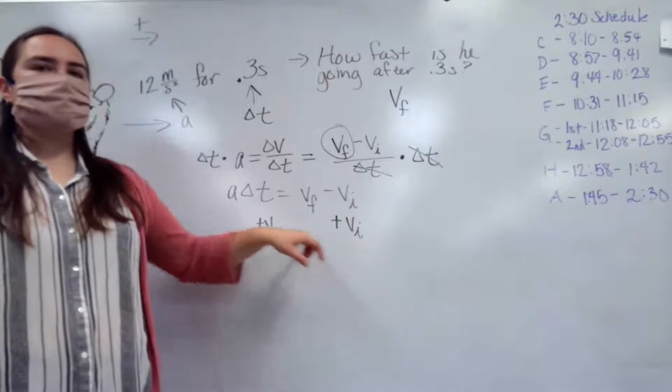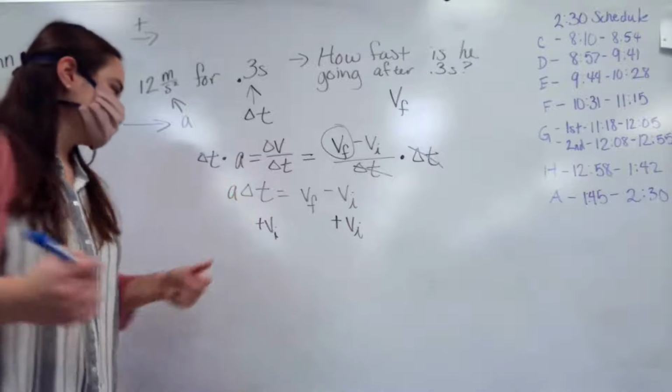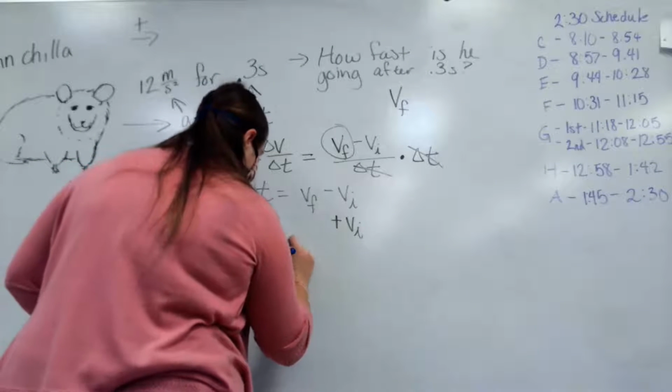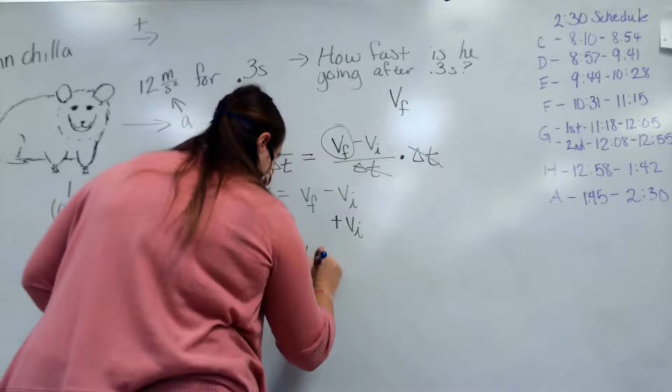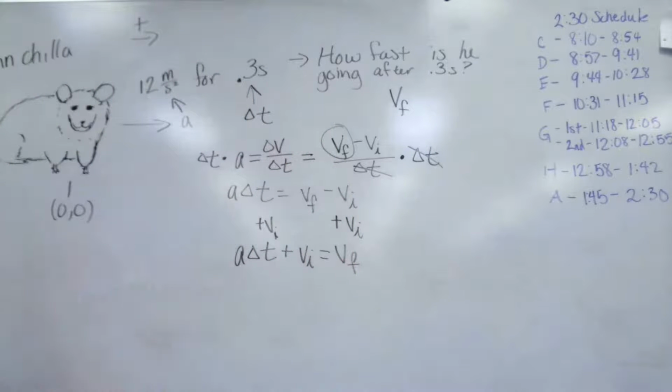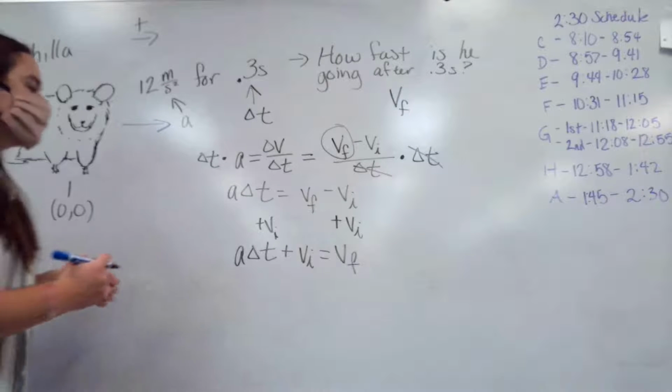You need to add it to both sides. Okay? All right, so we get a delta t plus our initial velocity equals our final velocity. Good? Any questions? Yeah? No, we're good? All right.